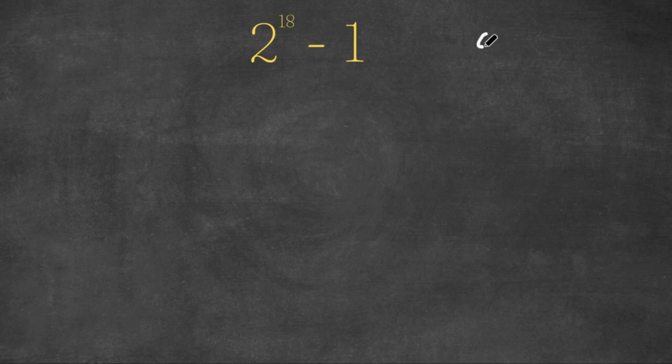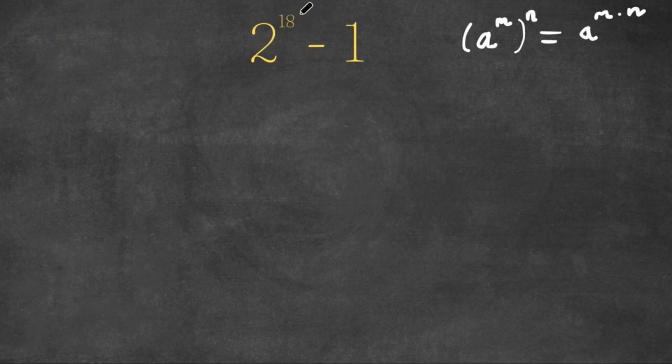Now, if we have something in the form a to the power of m to the power of n, this is equal to a to the power of m times n. And the same thing goes vice versa. A to the power of m times n can be written as a to the power of m to the power of n.